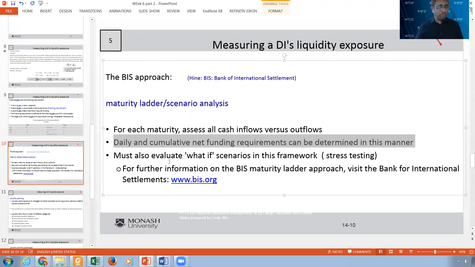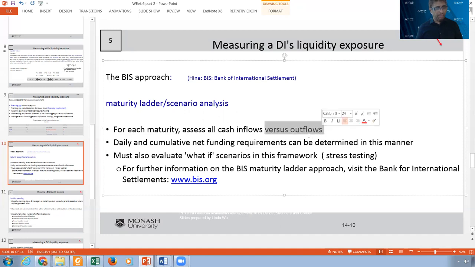It must also evaluate. This is the most important thing about this approach, the what if. And the what if means you have to have different scenarios. So if you assume here the inflows coming from depositors is 20, and this is 30 or 25, so the difference is 5. What if this is decreased by 10% and this increased by 10%?